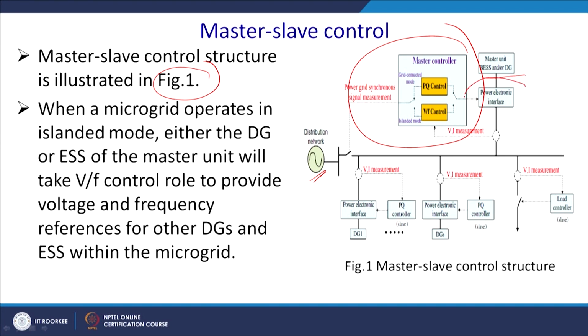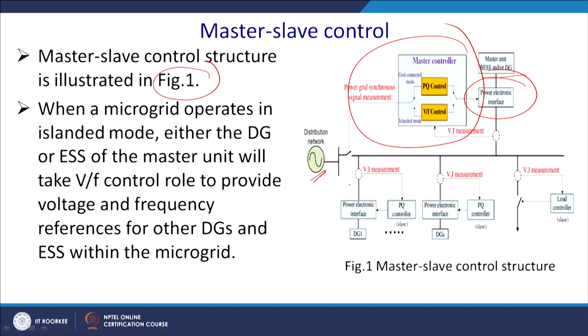Thereafter, you will have a power electronics interface, and from this power electronics interface, it will take inputs of the voltage and current, and accordingly it will take decisions. So, this is the main part of it, and these are the auxiliary control or the slave control.